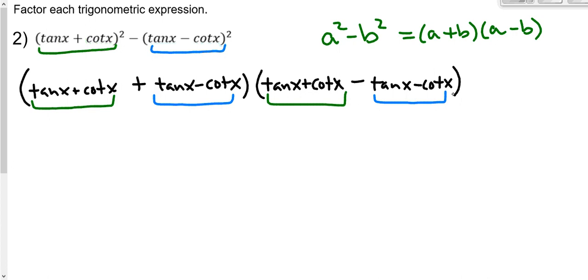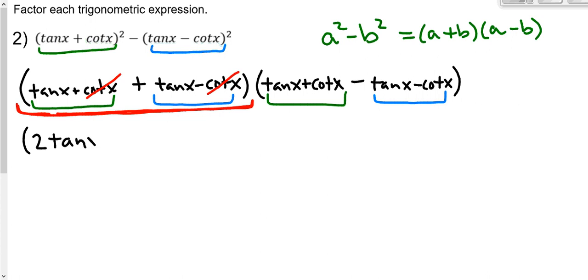Now let's see what we can do to simplify each of these. So notice in the first factor, there is a plus cotangent x and a minus cotangent x. Let's cancel those. And we're left with tangent x plus tangent x. So that's 2 tangent x.